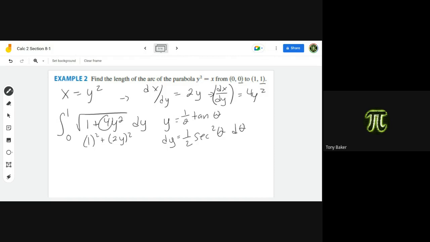It's because there's a 4, the 2 is in front. In essence, you're right. It's 2y equals tangent theta. Divide by the 2. No problem.